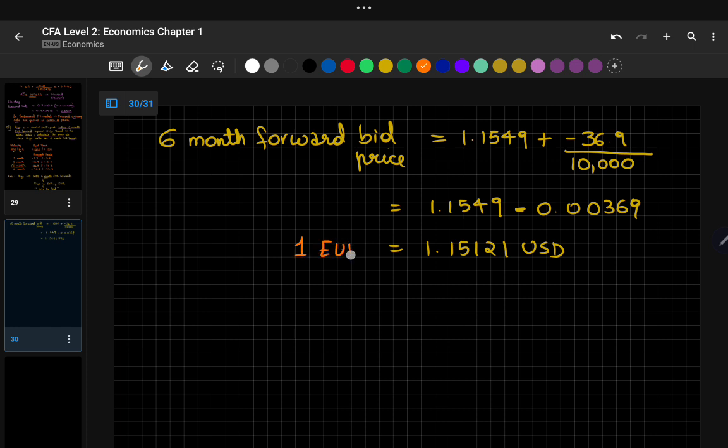So this is the price at which Ria would be selling 6-month euro forwards.